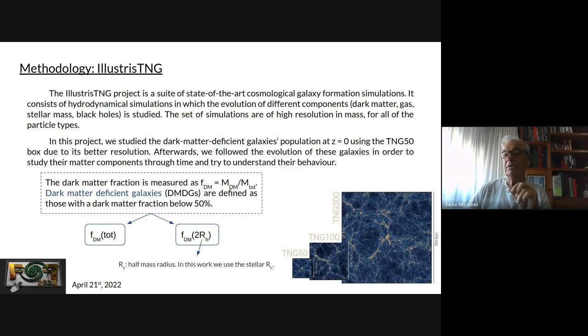This would be very interesting, because it has been proposed, perhaps in the past, I don't know what the status is now, that the majority of the dark matter deficient small galaxies would be tidal dwarf galaxies.